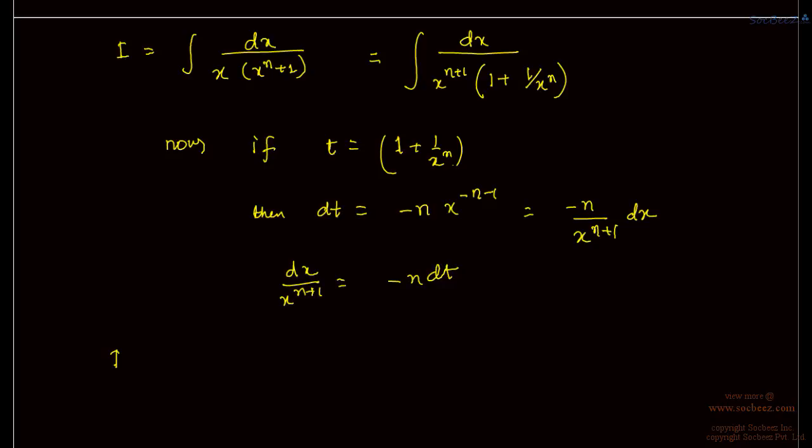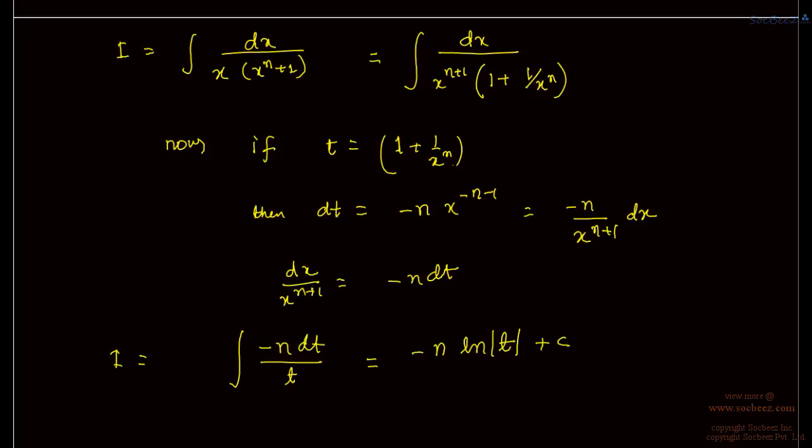So now our integral will be transformed into minus 1 upon n dt upon t, right? Integration of which is equal to minus 1 upon n ln t plus c.